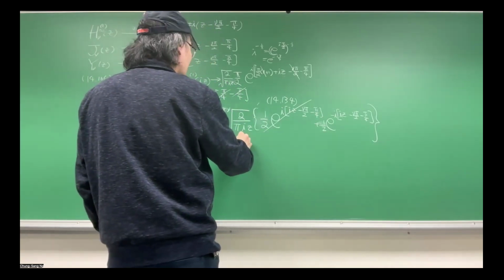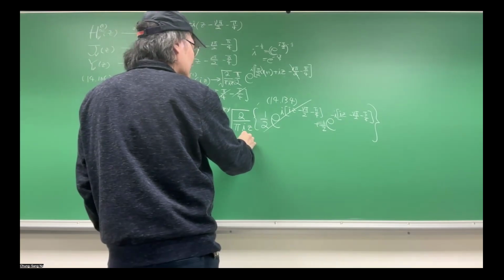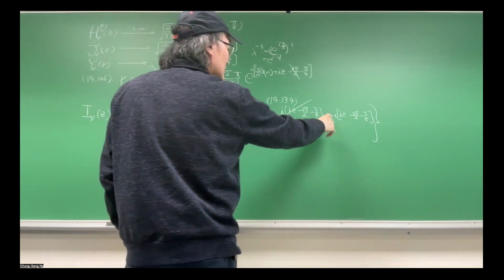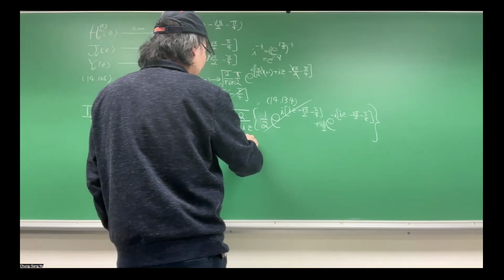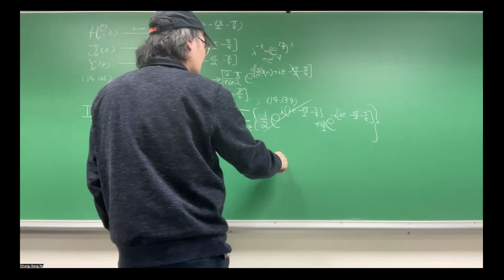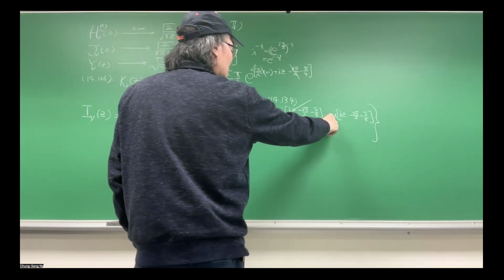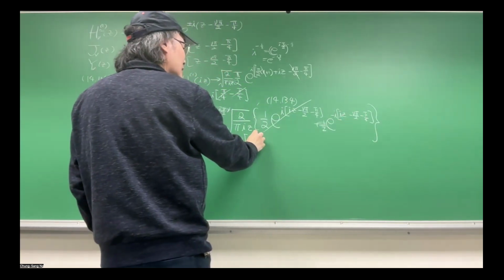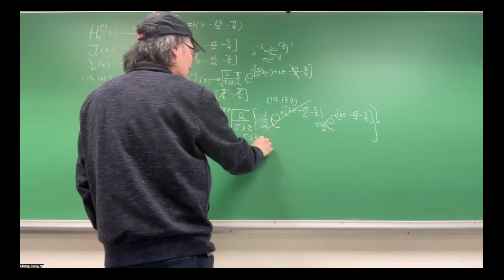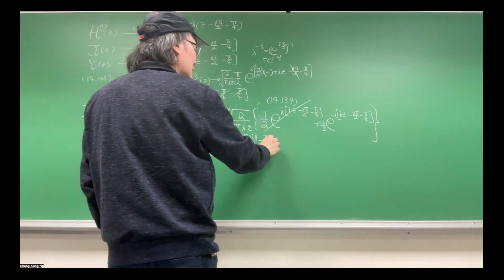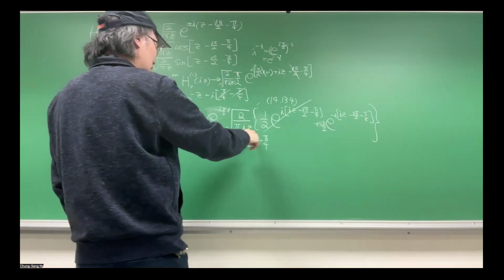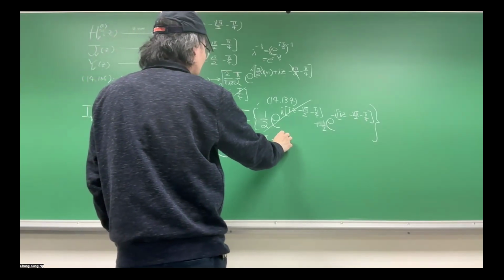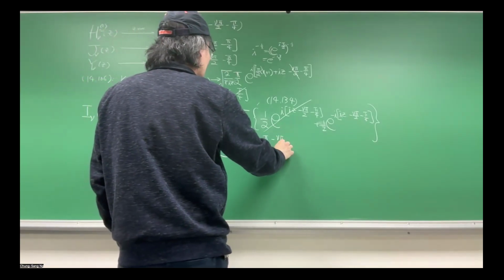So you have plus I, right? This is minus. So these two terms are plus mu pi over 2 minus pi over 4. And then this term is minus mu pi over 2.